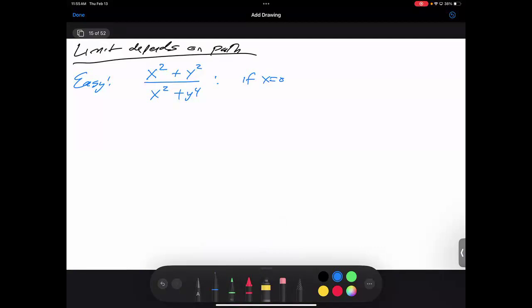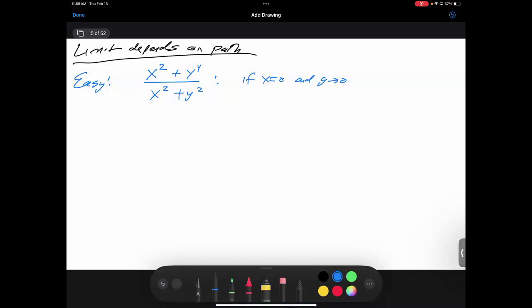If x equals 0 and y goes to 0, what do we get? So maybe we should do it the other way around. Let's do it the other way around. Let's do y to the fourth upstairs and y squared down below. So if x equals 0 and y goes to 0, what do we get for the function?